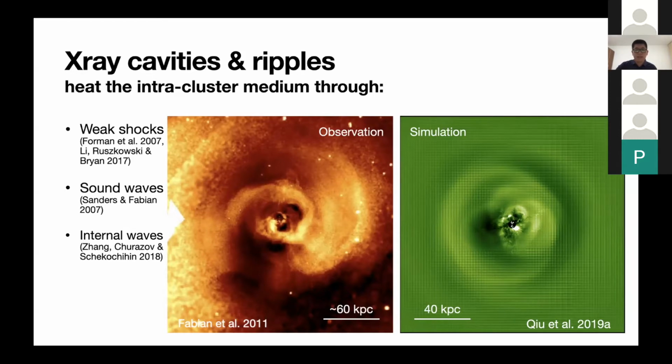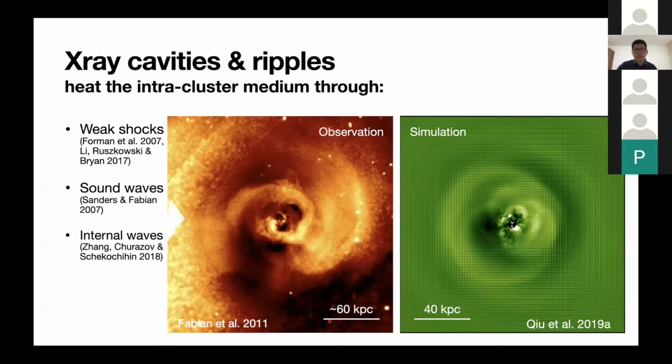We can see that the AGN feedback can generate multiple cavities and ripples in the intra-cluster medium. And we believe that these waves can heat the intra-cluster medium through processes such as weak shocks, sound waves, and, more recently proposed by Tarazov's group, internal gravity waves.